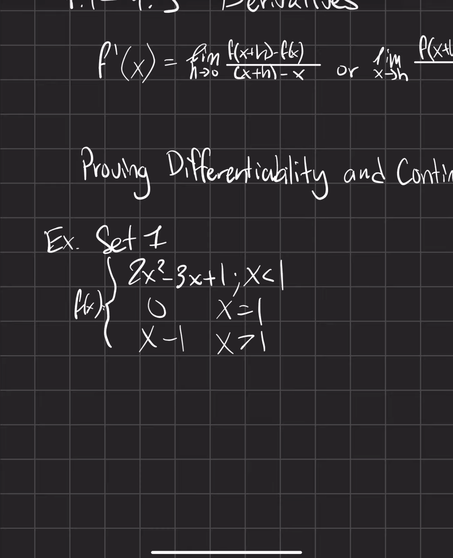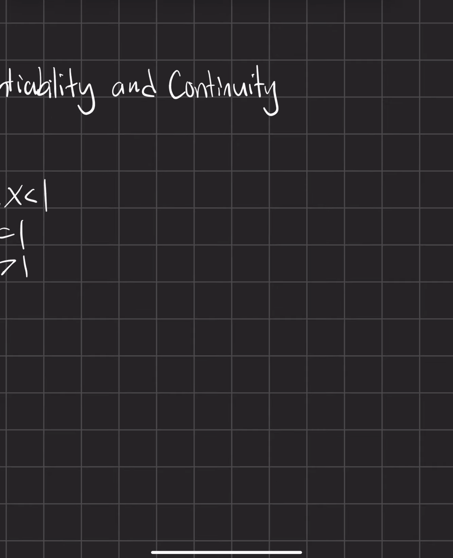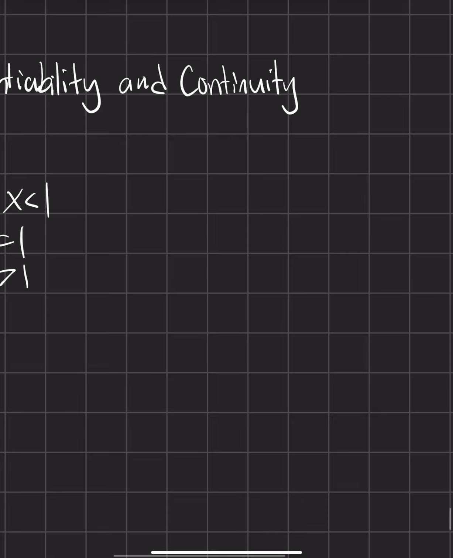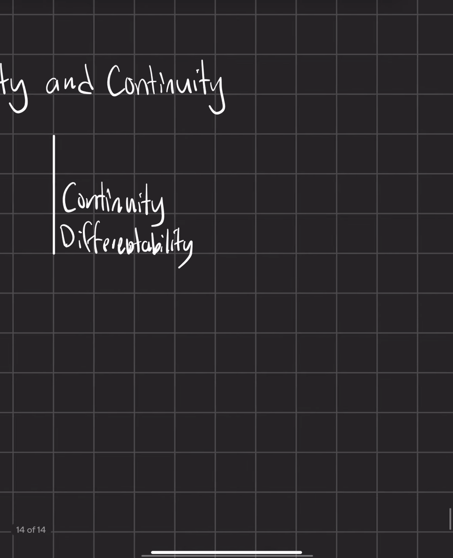So the first thing that we need to do is make a little checklist box. We're going to have continuity here, and differentiability here.